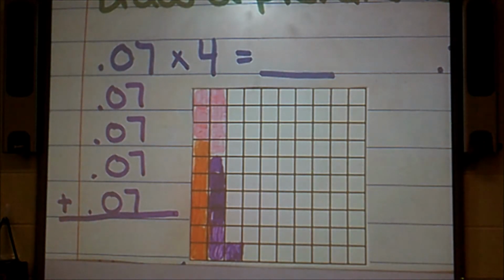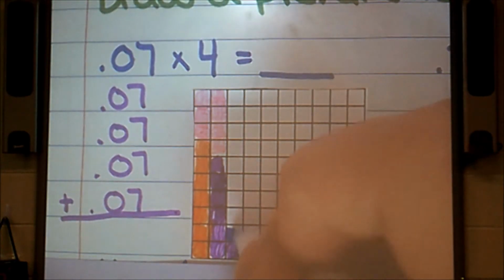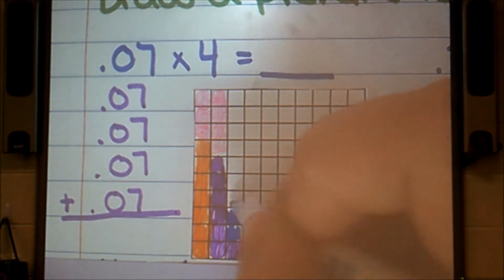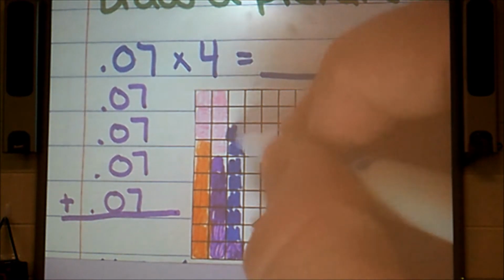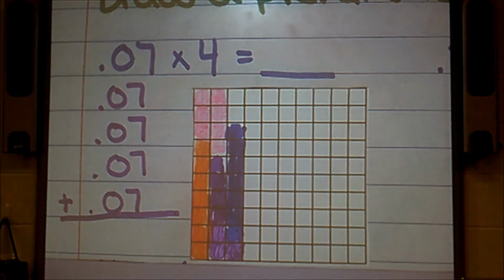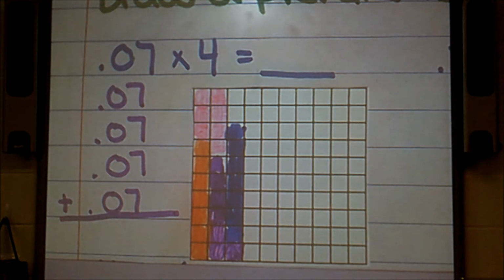And I'm going to do it another time, 7 more. So with these 4 colors, you can kind of see my 4 different 7 hundredths on there. Pretty cool. Now this also gives me my product. I can find the product with this.